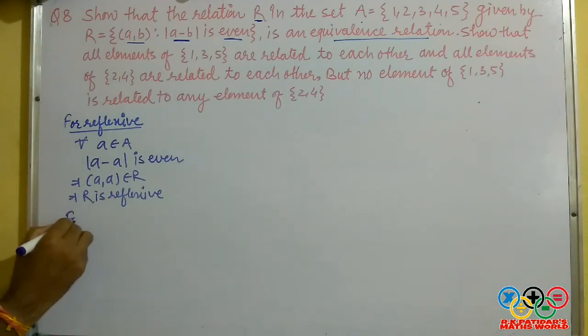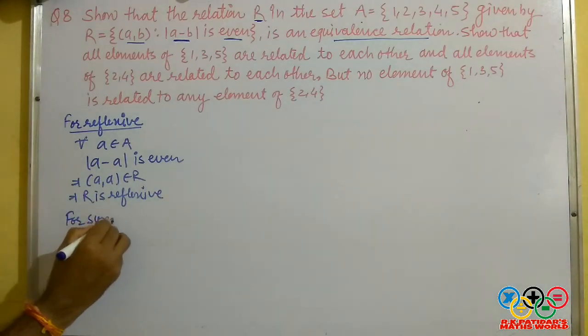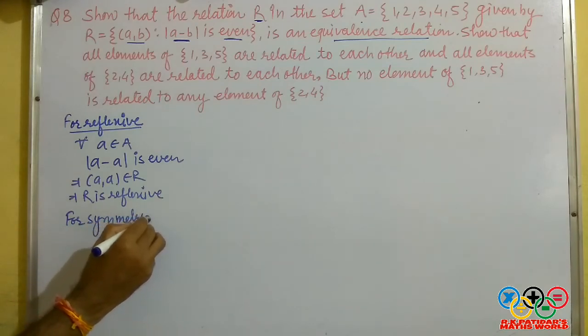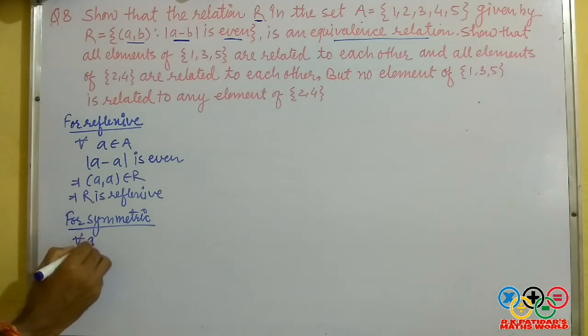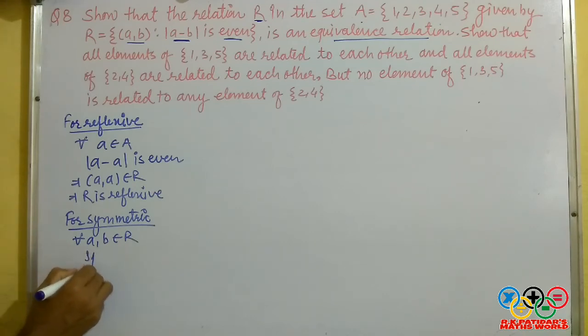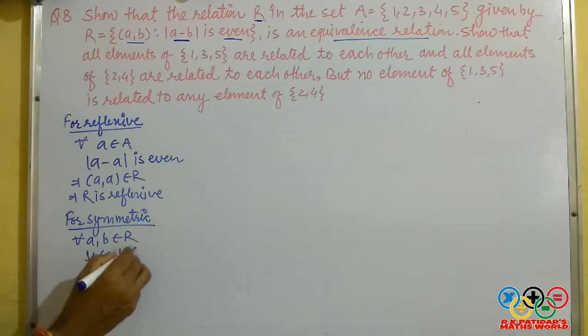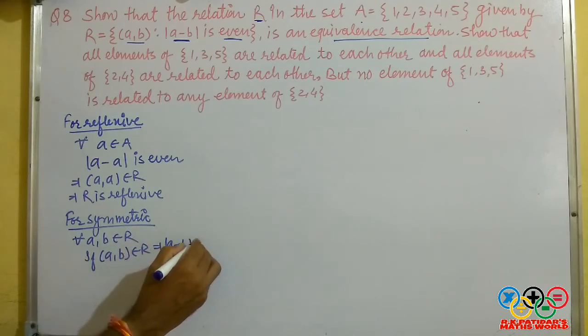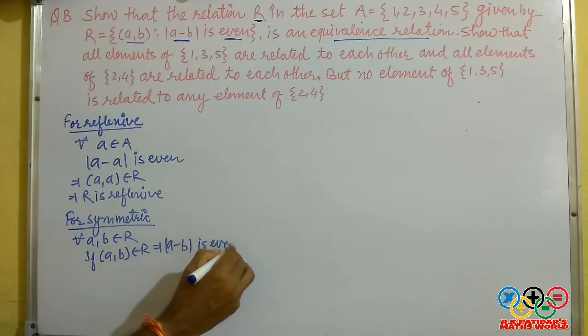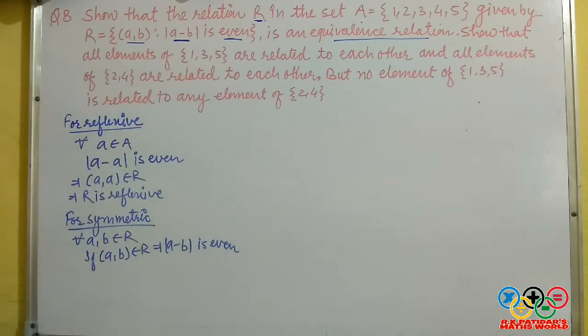Secondly, for symmetric, for all a and b, if we take two elements and (a, b) belongs to R, this implies mod of a minus b is even according to the definition of the relation.